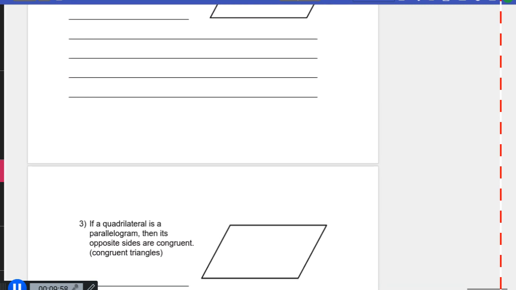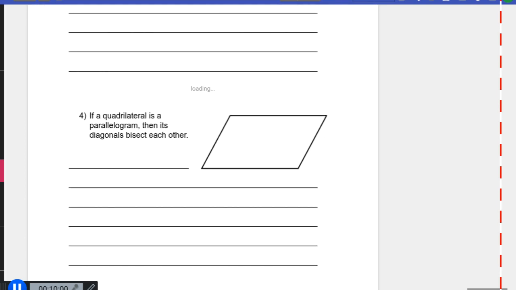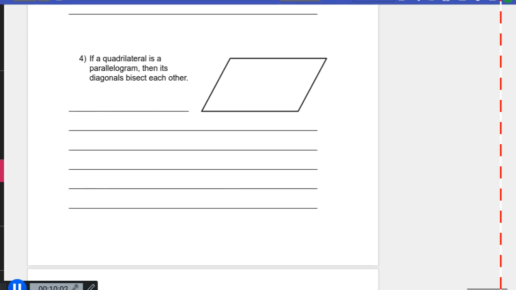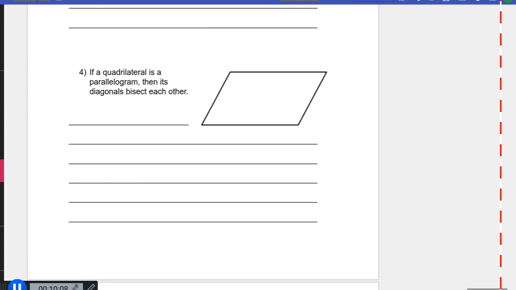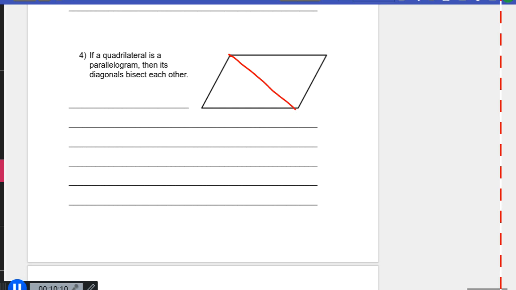Okay, I want to skip down and also do number 4 with you. If a quad is a parallelogram, then its diagonals bisect each other. So I'm going to start by labeling it, and drawing the diagonals. So I've got diagonal AC and I've got diagonal DB. And I need a letter in the middle.